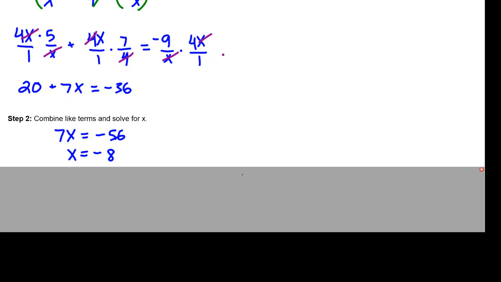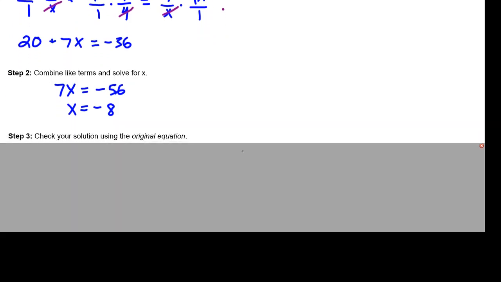However, there's one more step that we have to do, and that's to check our solution or solutions by using the original equation, the very original equation. We're going to take negative 8 and substitute that into the original equation. You can see I wrote negative 8 in purple where x was in the original equation.